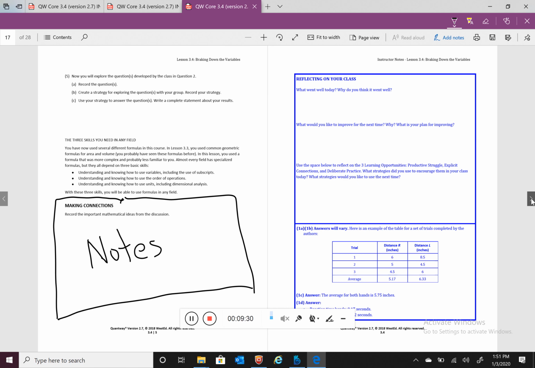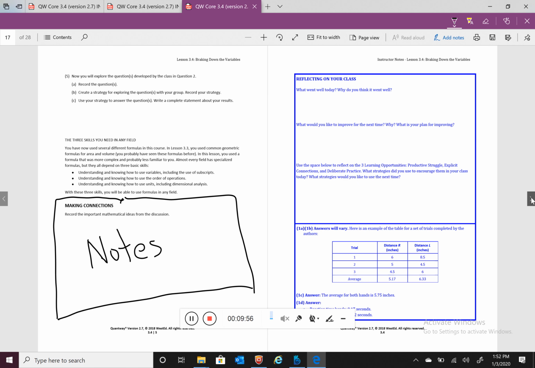So making sure that they understand that, yes, we talked about braking distance, but we were really discussing what variables are, units, notation, order of operations, etc. So that's where we want to make sure that our students wrap up that lesson before they move on.